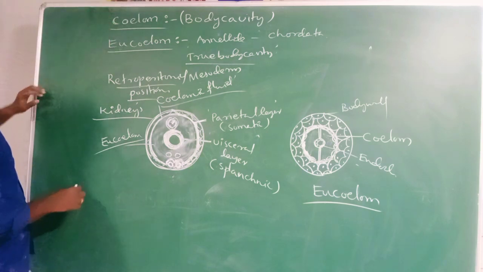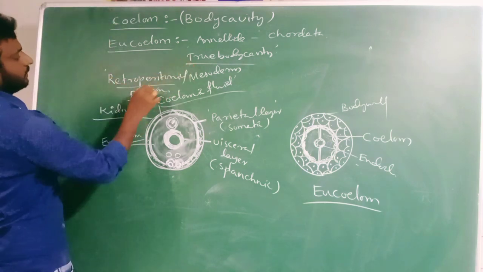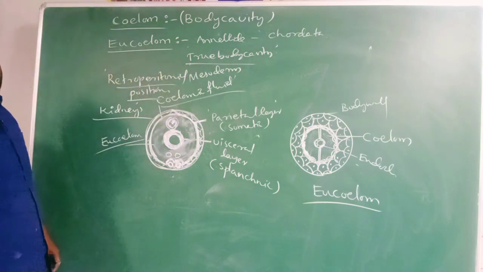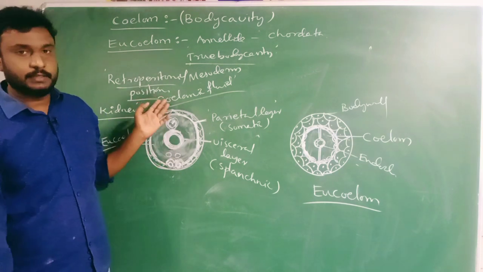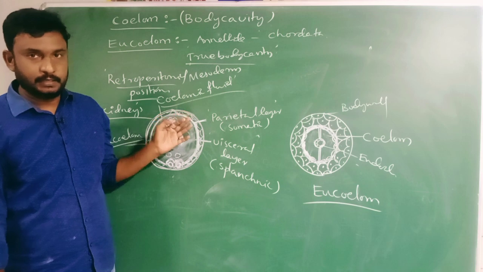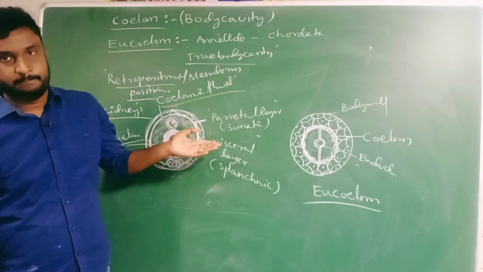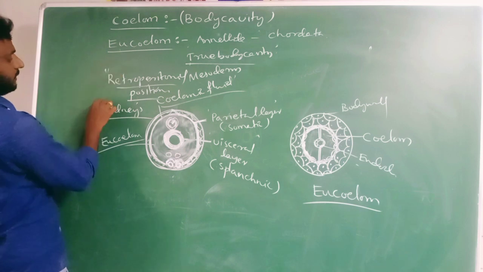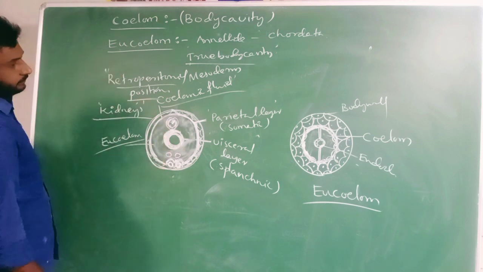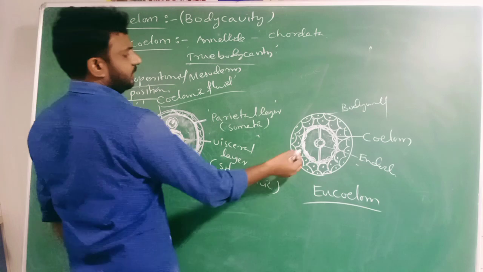So kidneys are retroperitoneal organs, and this position is called retroperitoneal position. Retroperitoneal organs means the organs covered with the parietal layer only at the ventral side. Example, kidneys.